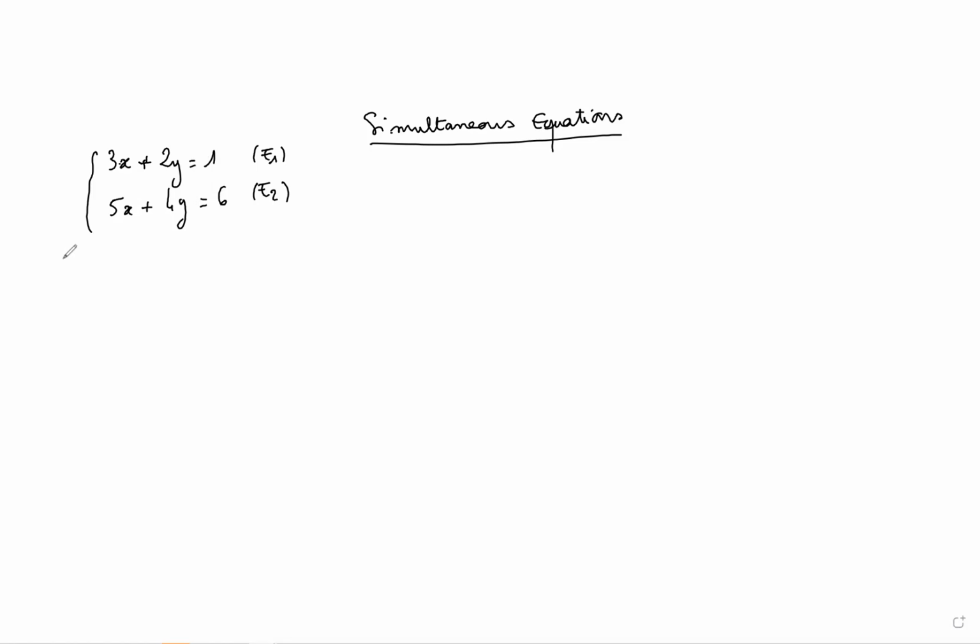Anyway, I'll take one of the two equations. I will choose E1 just because the numbers are smaller than in E2, so it looks simpler, but you can choose any of these. The problem with these equations is that you have two variables, x and y, and you don't know how to solve something with two unknowns.